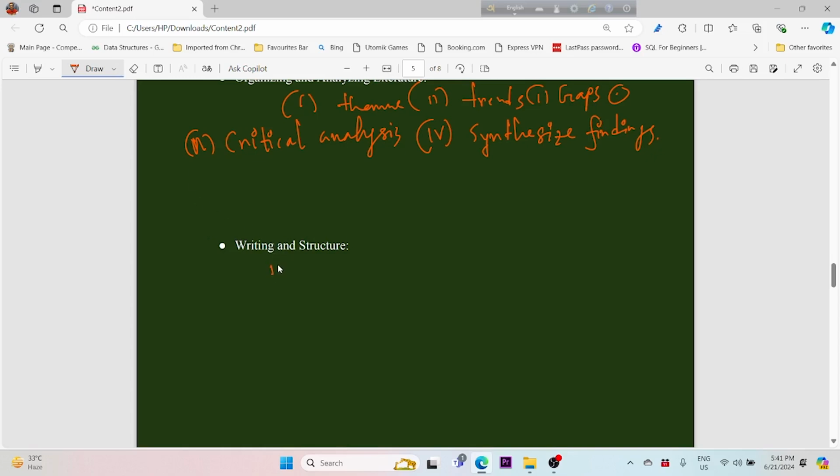So first of all, this is the most important part. First of all, focus on key themes. Use clear transition.